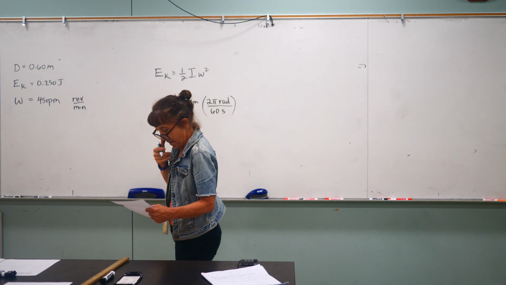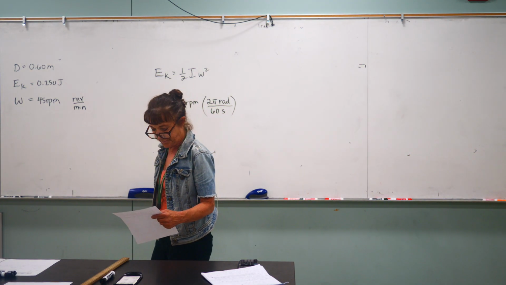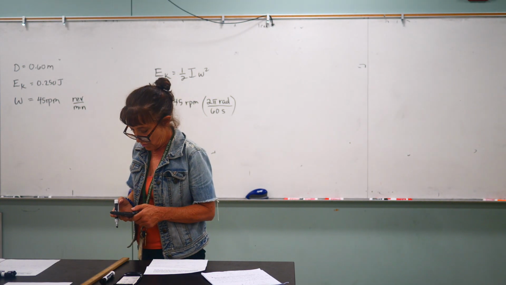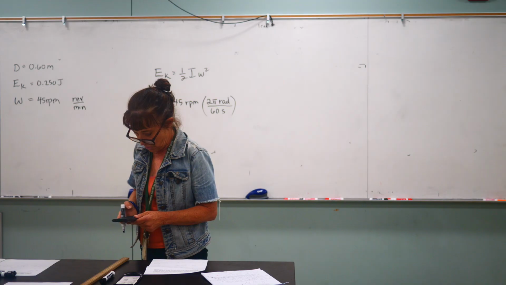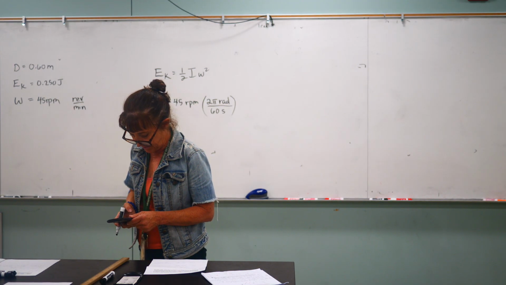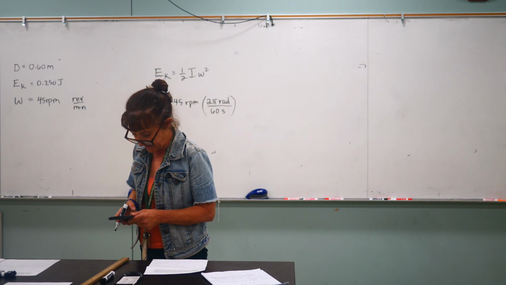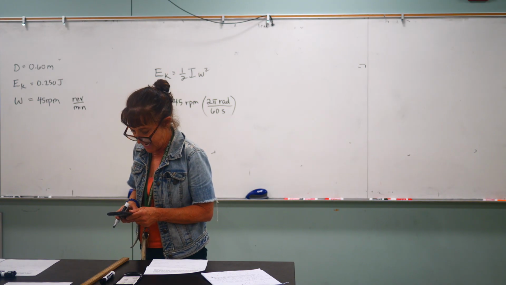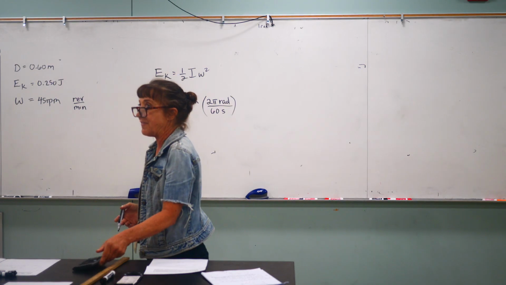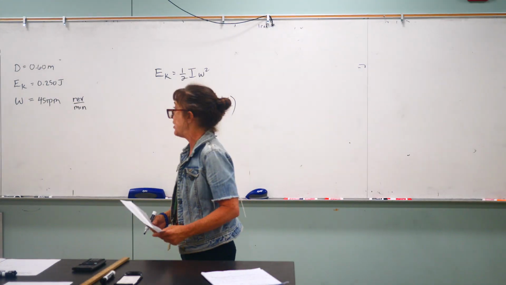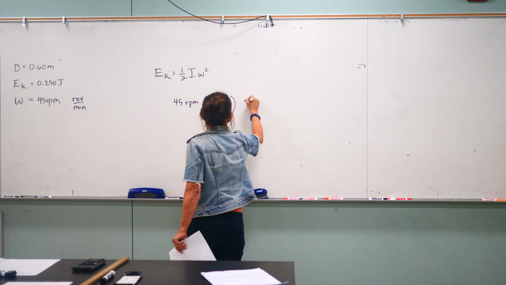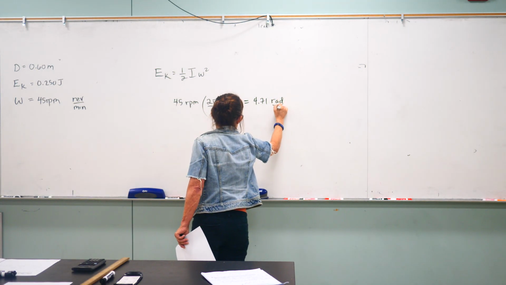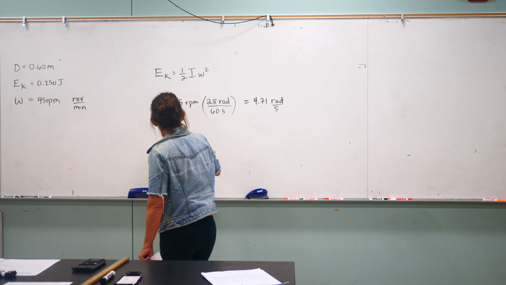Let's see, I don't know what that is. 45 times 2 times pi divided by 60 is 4.71 radians per second. Is that what y'all got? 4.71 radians per second. Okay, that is omega.